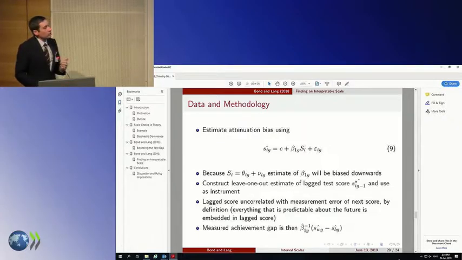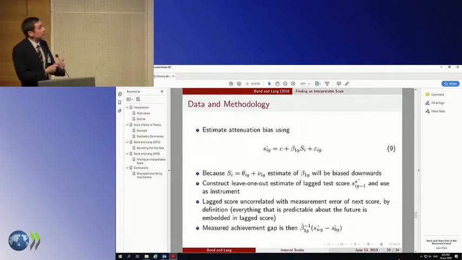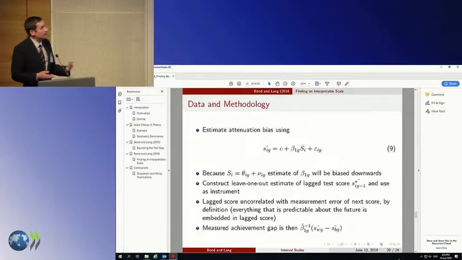The reason this works is essentially by assumption. We construct each of our test scores by its ability to predict future outcomes. If your test score could predict future test scores which predicted future outcomes, it would be in the test score itself. So any innovation year to year is going to be more or less random. So the test score last year is a good measure of the adult outcome, and we're going to use the IV to correct for measurement error.